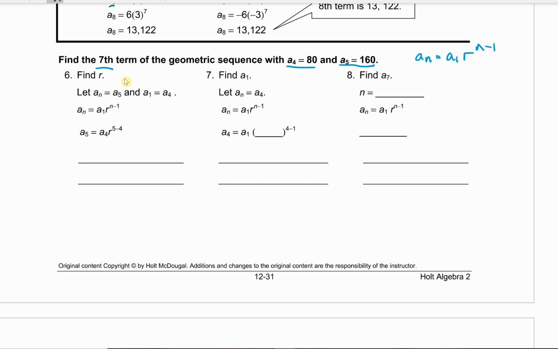A5 is A4 times R to the 5 minus 4. So this is good. We get 160 equals 80 times R to the 1st. So basically just divide by 80. And we get R is 2, right? Because 160 divided by 80 is 2.